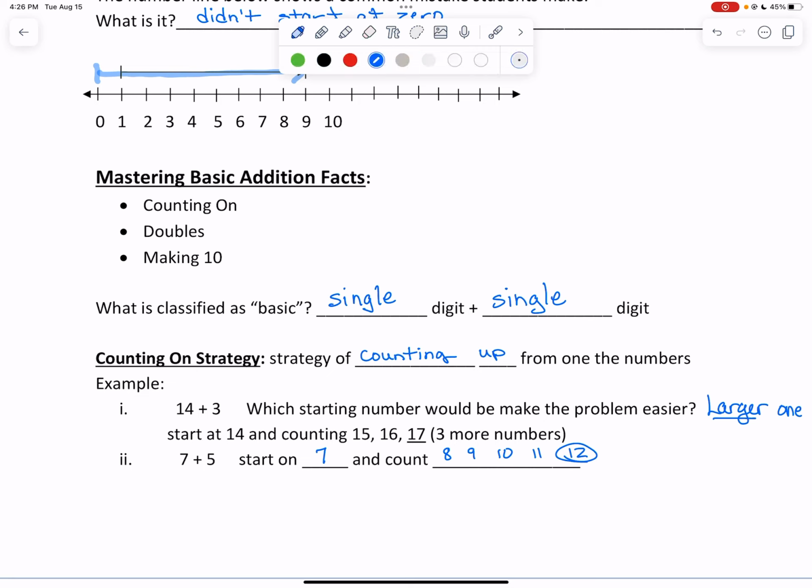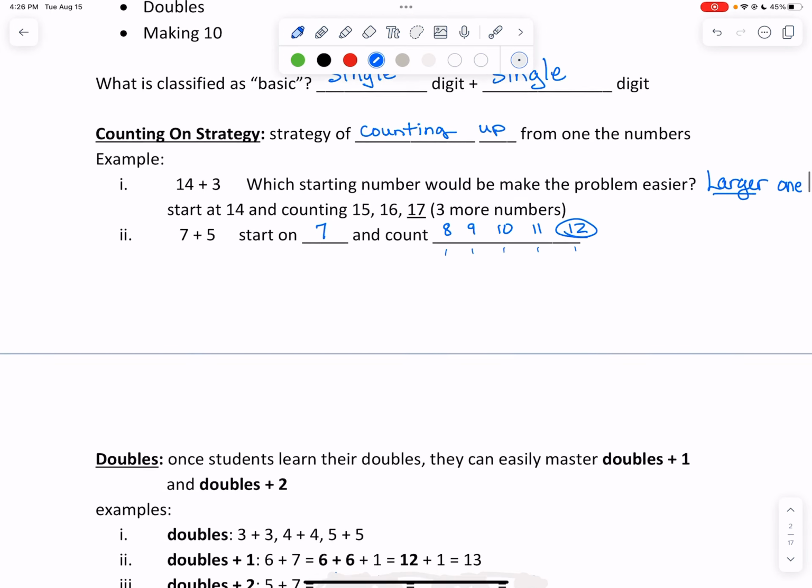So 7, 8, 9, 10, 11, 12. And again, it's okay for your students to use their fingers so that they can keep count of how many numbers they're adding on. Okay, that's called the counting on strategy.